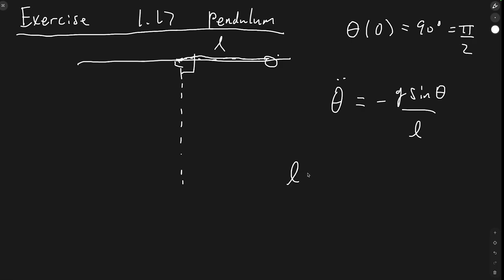Now we're going to suppose that L equals 1 meter. And of course, g is 9.8 meters per second squared.